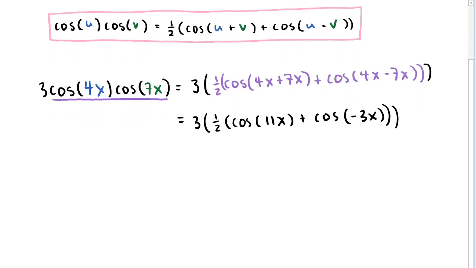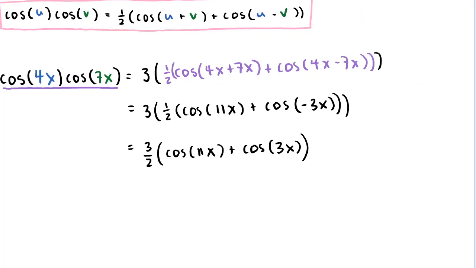And we can distribute. Actually, let's multiply this 3 in with 1/2, so this becomes 3/2 times cosine of 11x plus cosine of negative 3x, that's actually the same as cosine of 3x. Cosine is an even function, and this means that cosine of an angle is really the same as cosine of negative that angle.